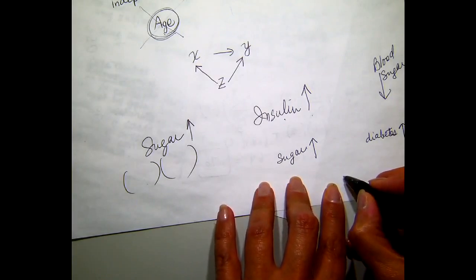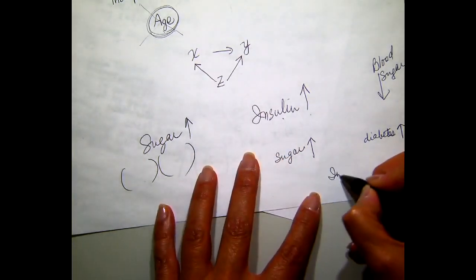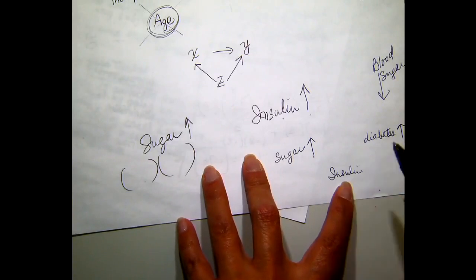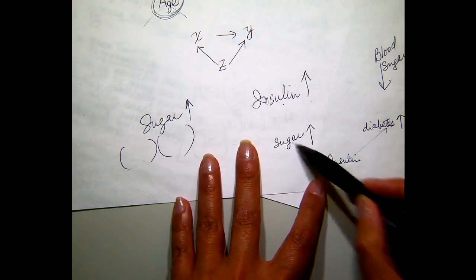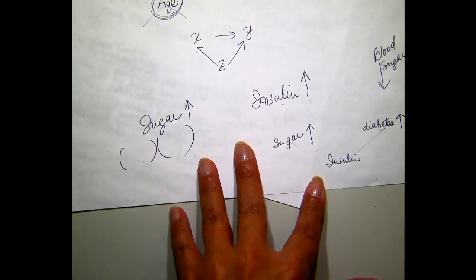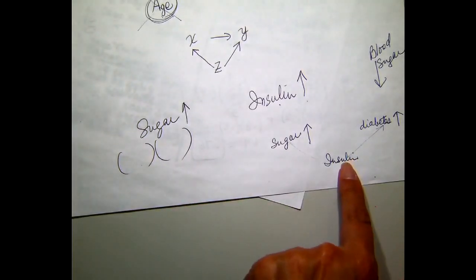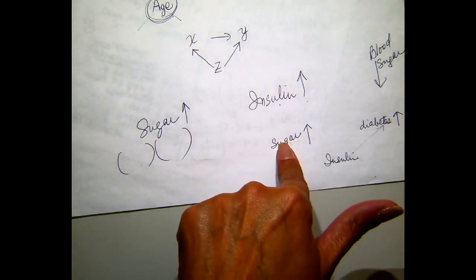So what about insulin? I have to be clear. What about the insulin? Is it affecting only the diabetes, or is it affecting both, or what? I have to be clear. Help me. So if you take more insulin, you will consume more sugar?